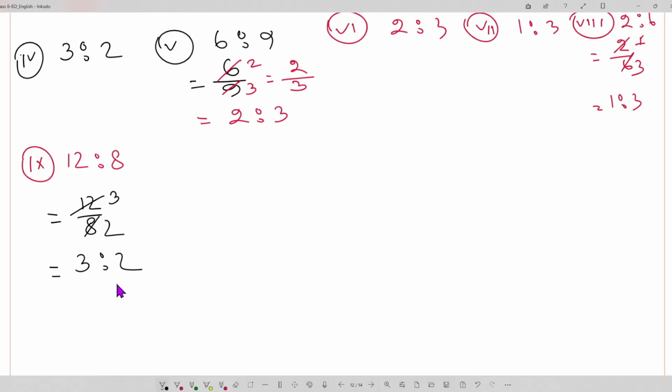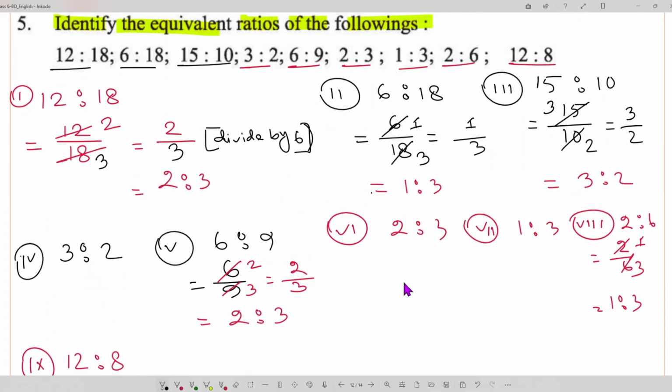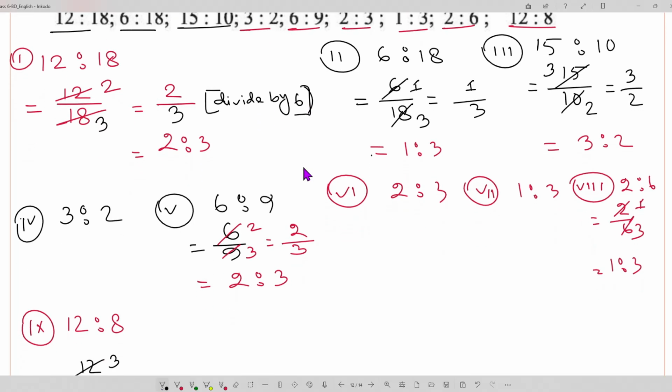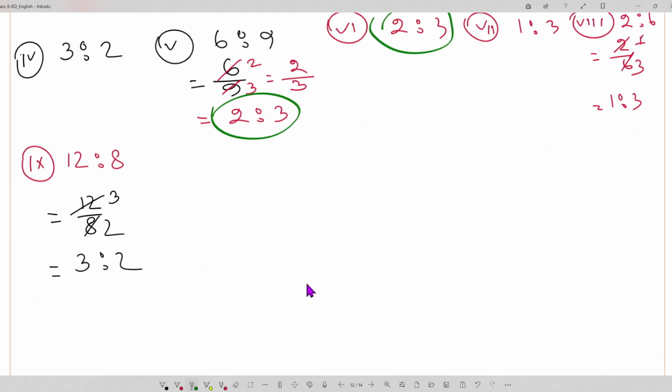Now we are finding which are equivalent to each other. We already found the simplified or smallest form. Look, which ones are 2 is to 3, we can mark those. This one is 2 is to 3, this one is 2 is to 3, and here is 2 is to 3, and no more.